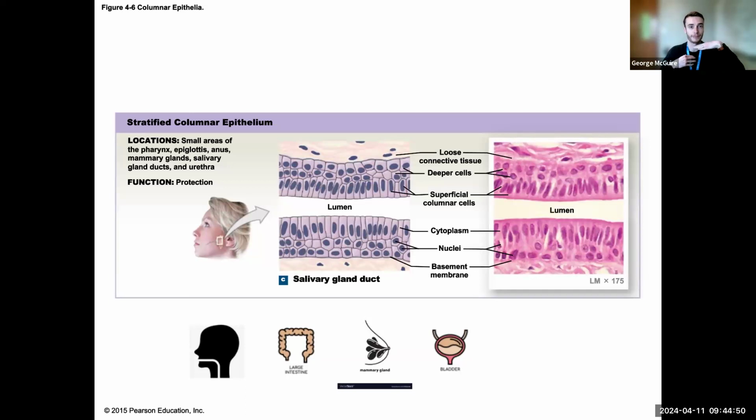But when we're breathing, that epiglottis will open so that air can get into the trachea and into the respiratory system instead. You'd also find these in your anus, the mammary glands, salivary gland ducts, and urethra. These are just multiple layers of those long columnar shaped epithelial cells, and they're mainly just there for protection.